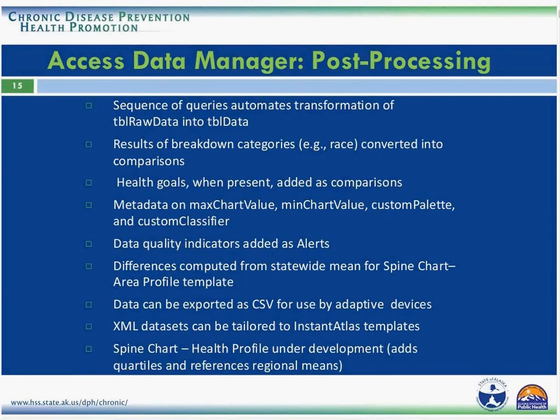Once we've gone through the analysis step, the value of using a database is that we can now post-process the information. We have a sequence of queries that automate the transformation of our raw data into the data layout. Then we have our breakdown categories, in this case race.